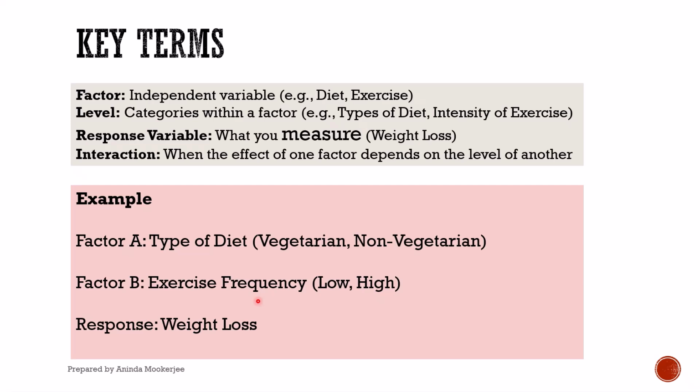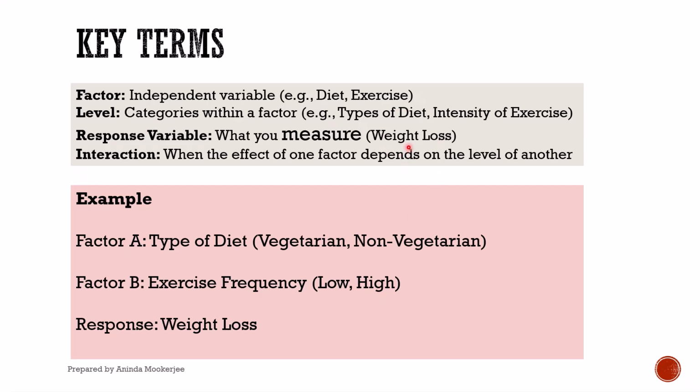All right. So within factor A, which is type of diet, we have two levels, vegetarian and non-vegetarian. Within factor B, again, we have two levels, low frequency exercise and high frequency exercise. And what is our response variable here? What are we measuring here? That's the weight loss.